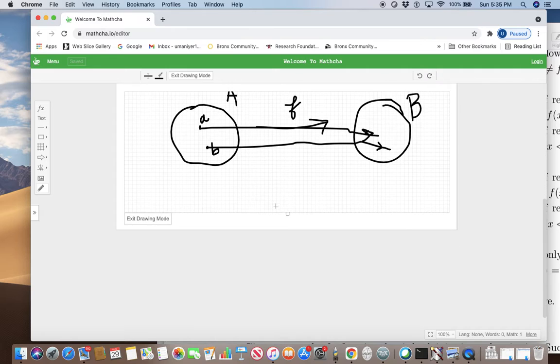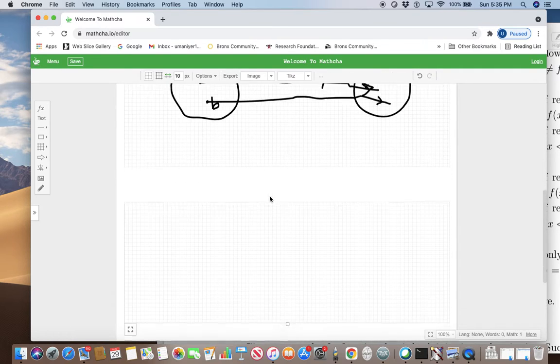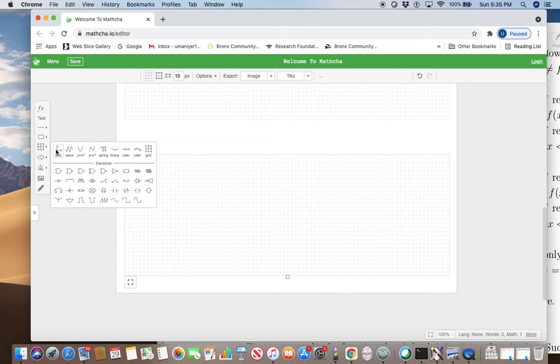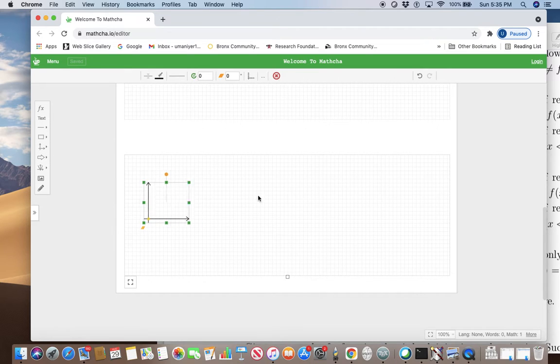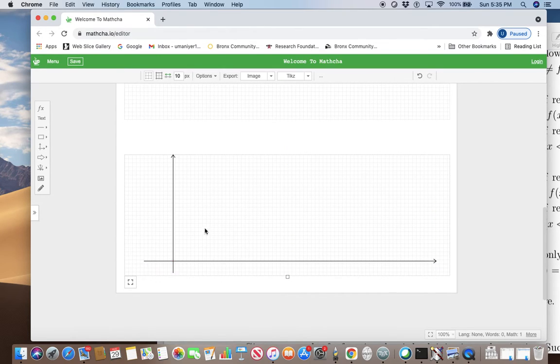So let's draw a picture to understand what's going on. If you have a function from the set of real numbers to the set of real numbers, if I have any x here, its value is here.